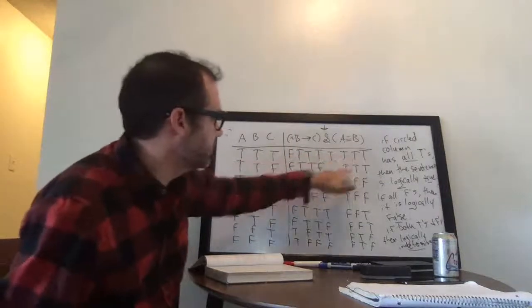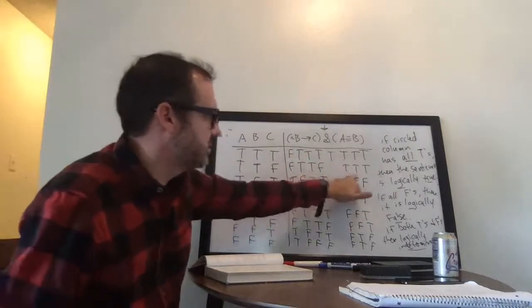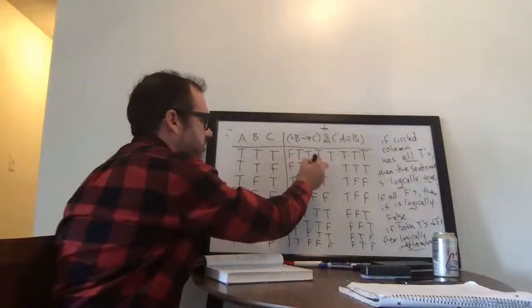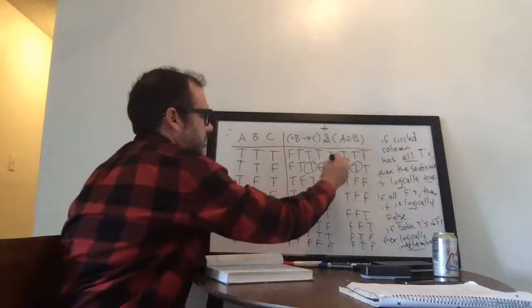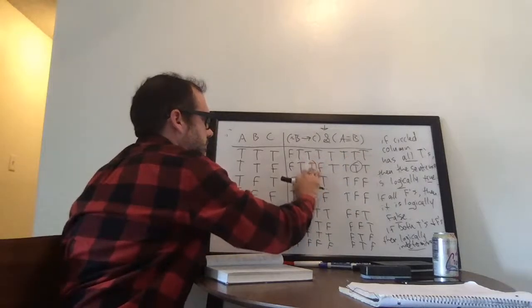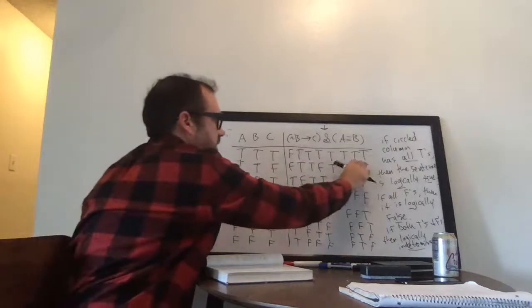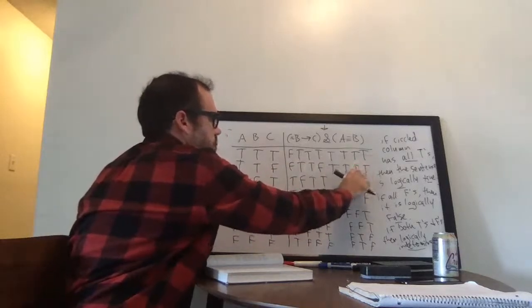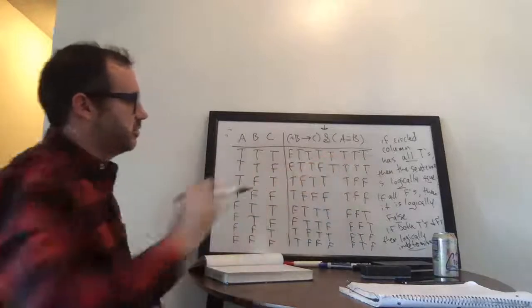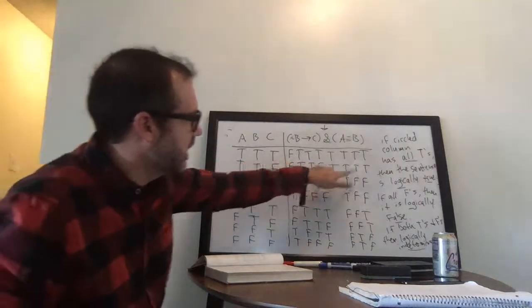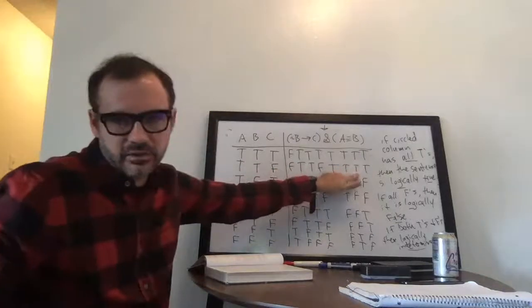T, T. And look here, T, T. They're both true. So there's no member underneath these two parts that is false. Thus, it's true. Just keep in mind that you're not just looking at everything to the left and everything to the right when you fill in this last truth value. You're just looking at the value under the main connective here, this part, and the value under the main connective on the right, this part.